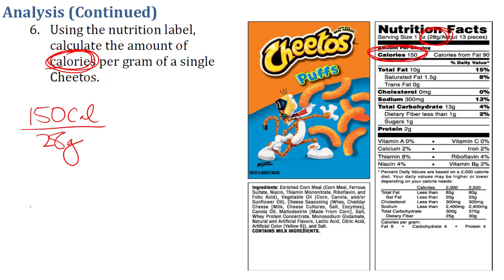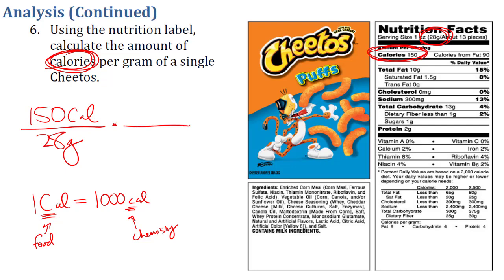But I want it in chemistry calories per gram. One thing we have to recognize is that 1 food calorie is equal to 1,000 chemistry calories. Notice uppercase C, lowercase c: food, chemistry. So, using math, along with units, for every 1 food calorie there are 1,000 chemistry calories.